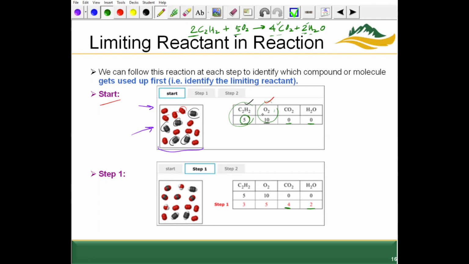So we had 5, but we need 2. So now we have 3 of these remaining. We had 10, we're going to use up 5. So now we have 5 of these remaining. So now we made 4 carbon dioxide and 2 water. And now we have 3 C2H2 remaining and 5 O2 remaining.